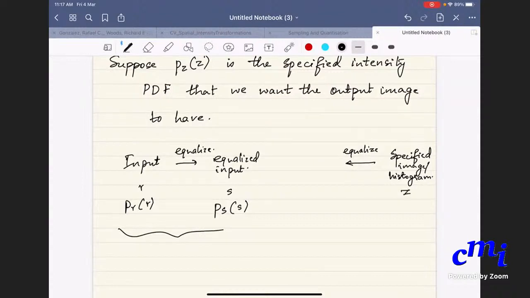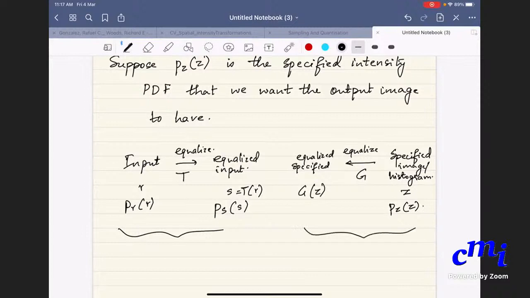The intensities here are the variable Z, and PZ(z) is given. Suppose this equalization is done with some function G. This function is T, like before, and this equalization is done with some function G. So your S was T(R), and similarly your equalized specified image or histogram is now G(Z). The intensities are given by G(Z). So this is the specification, and on the left-hand side you have your input.